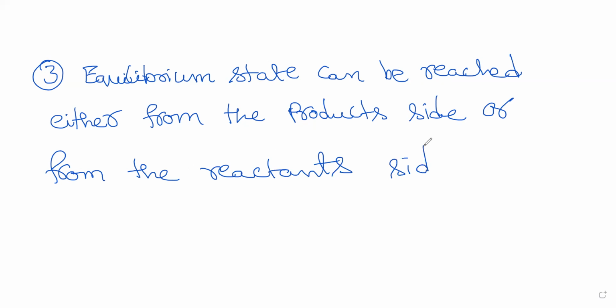It can come from either side. Equilibrium state can be achieved from either side. It can come from the product side or it can come from the reactant side. Noted? Yes, sir. Next one.